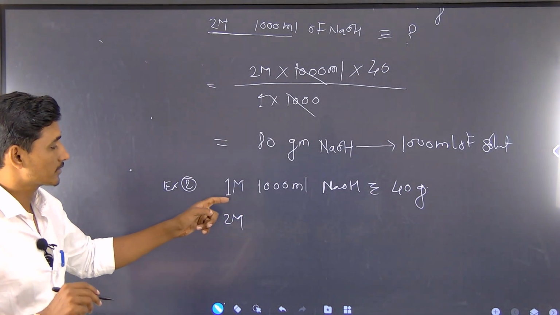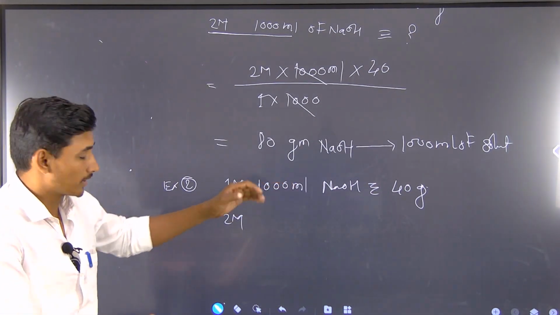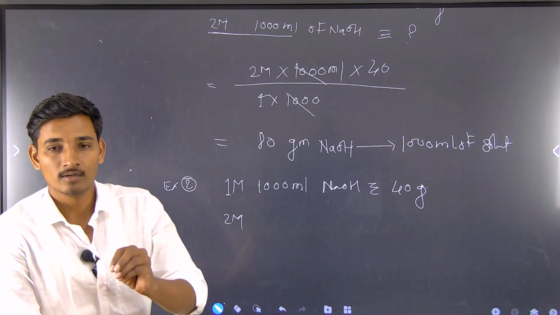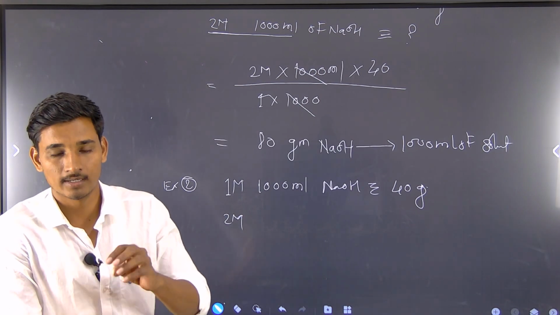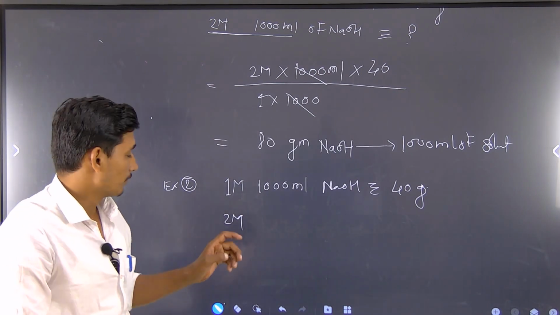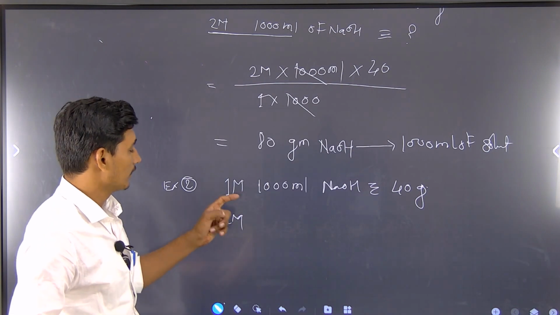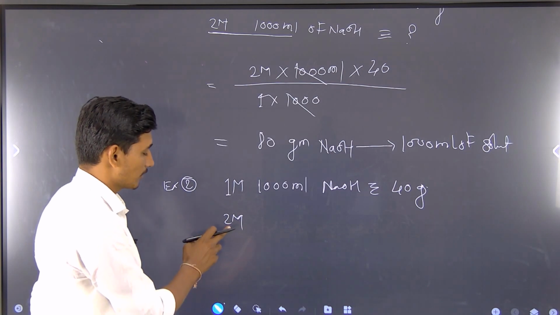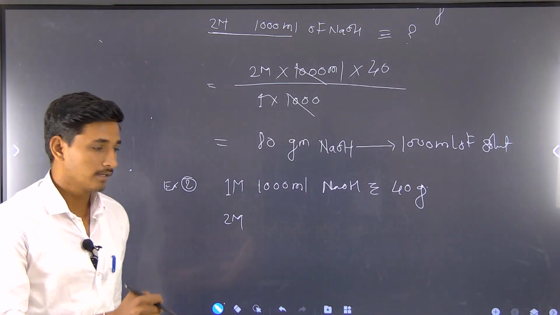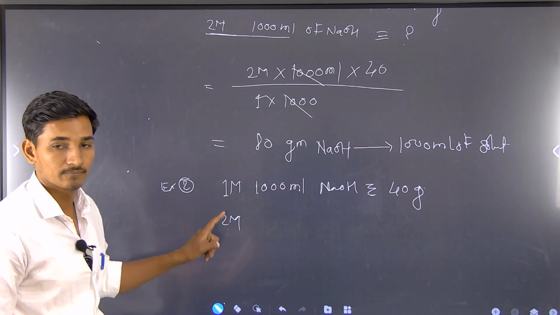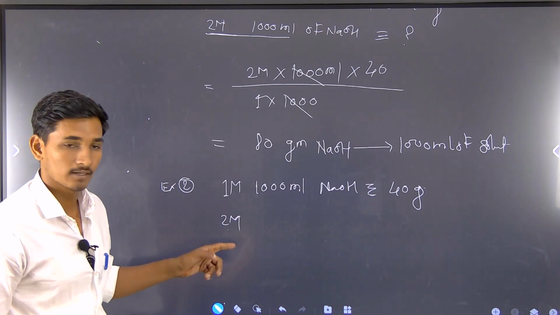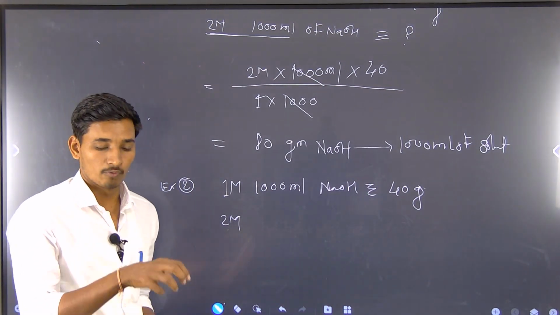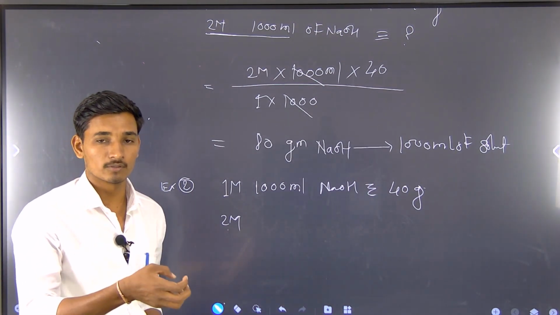The standard equation requires 1000 ml of solution, but the solution we have to prepare may be only 500 ml, 100 ml or 50 ml. Then we must change the quantity in ml. We must change the concentration term accordingly. For example, if we are preparing 0.2 molar, then we take 0.2 molar here. If we are preparing 0.5 molar, then we take 0.5 molar here. On the basis of that, we calculate what is required to prepare the solutions.